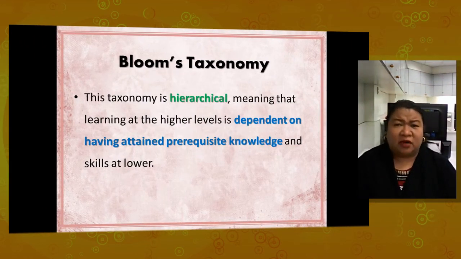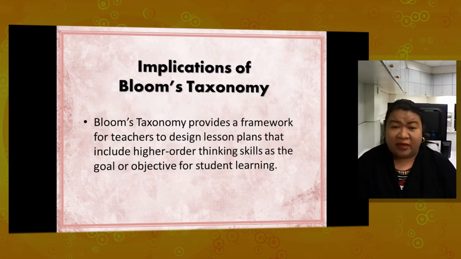That's why you always hear HOTS, higher order thinking skills. Do you simply want them to repeat what you said, just remember something, or do you want them to go as high as creating their own models or producing their own output? That is what we mean by hierarchical.